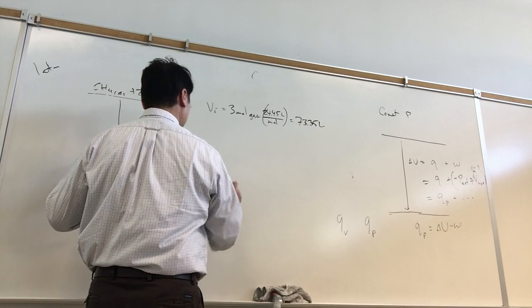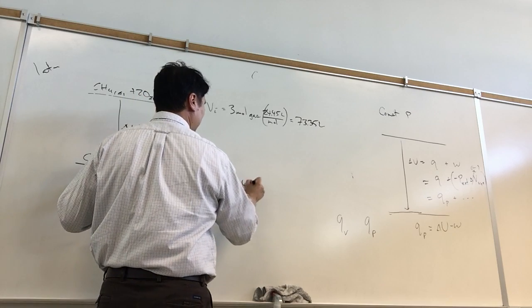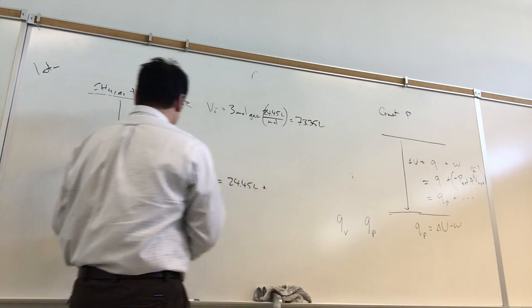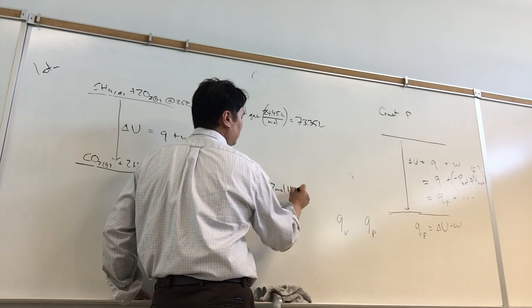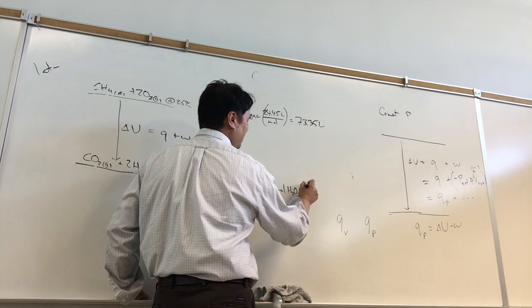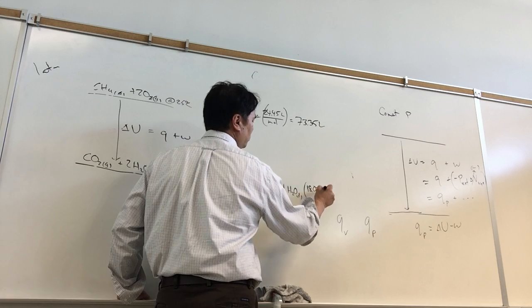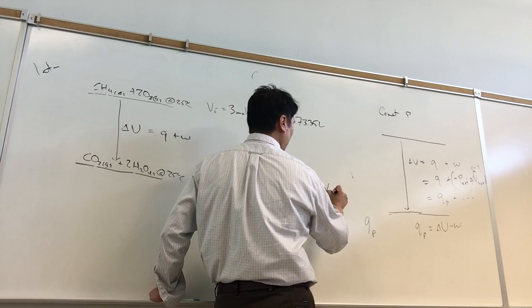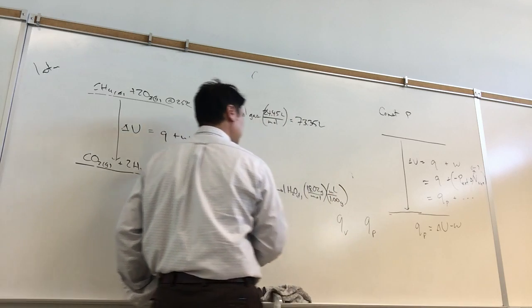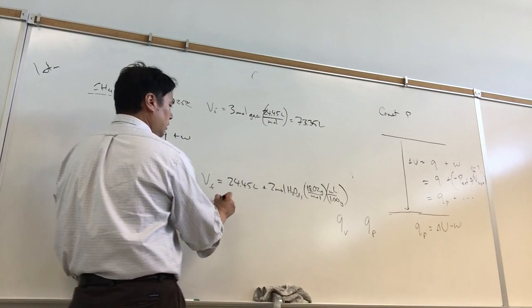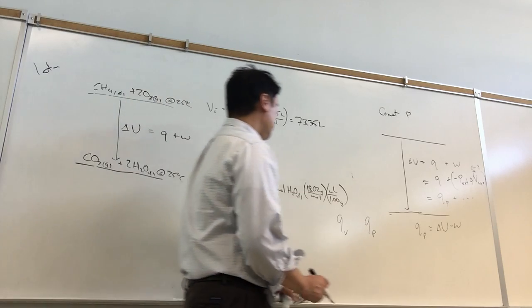V final is 24.45 liters plus, we have 2 moles of liquid water. So 2 moles of H2O liquid times 18.02 grams per mole times a milliliter is equal to 1.00 grams. And we need to convert that to liters.